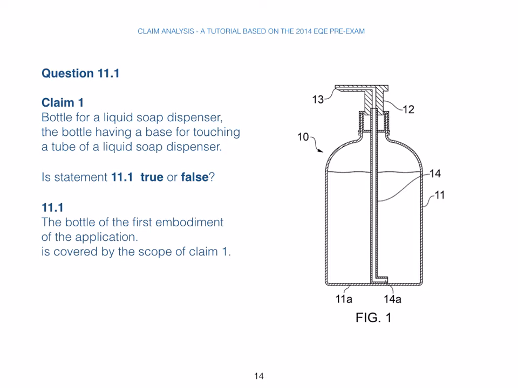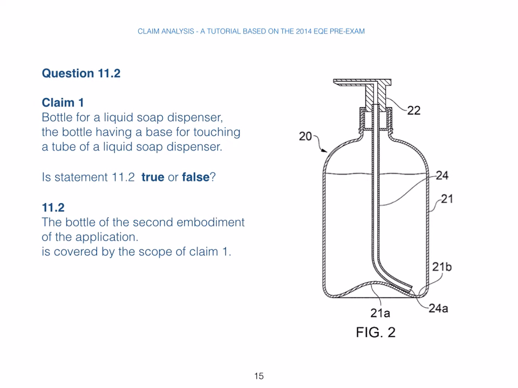We have a bottle 11 for a liquid soap dispenser, yes, and indeed a liquid soap dispenser is fitted on the bottle. The bottle has a base 11A that actually touches the tube 14. So this statement 11.1 seems to me to be relatively clear, and I think you will also find it clear. Please answer whether it's true or false, and then we'll proceed with the next question.